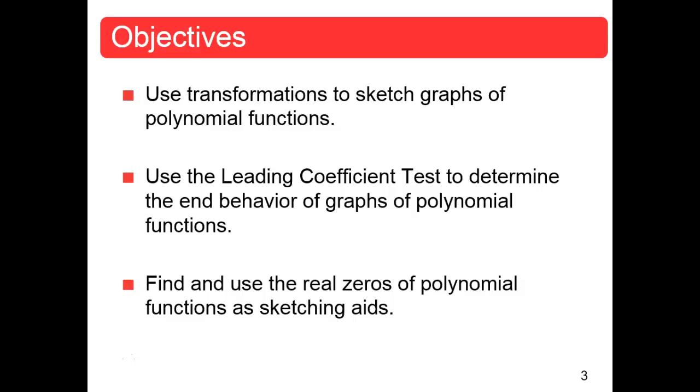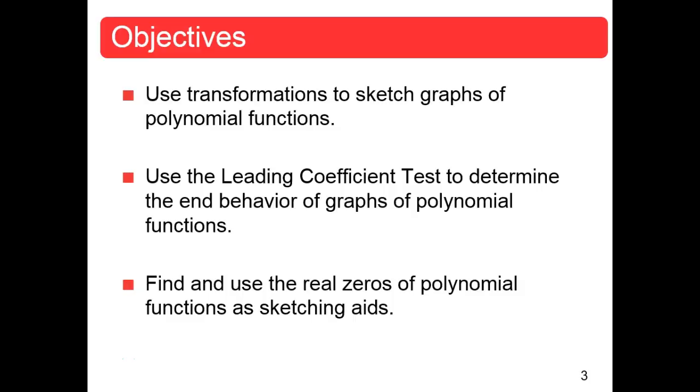The coefficient tells you one piece of information, well, maybe two. The leading term tells you just about everything you need to know to determine the end behavior of the graphs of the polynomial function. So it's not just the coefficient, you need that whole leading term to tell you that end behavior.